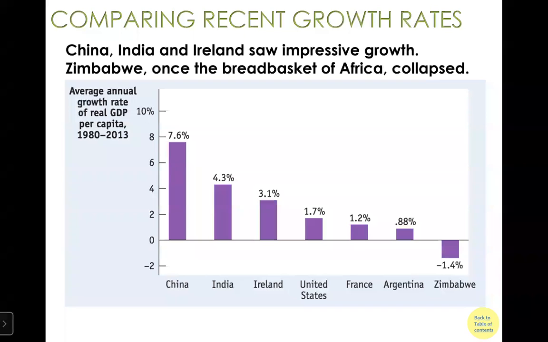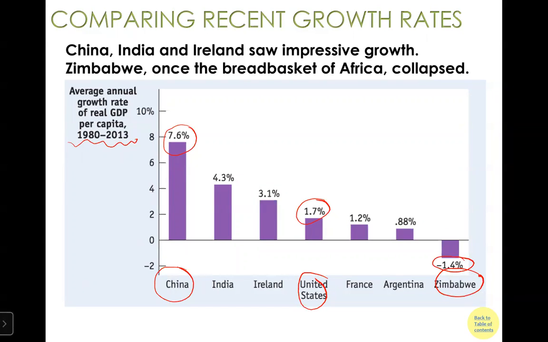Now this slide just shows you the growth difference across countries. On the far left, we have this success story, China, which grew by almost 8% for more than 3 decades. On the far right, you have Zimbabwe, which has a negative growth rate. The United States has a very stable growth rate.